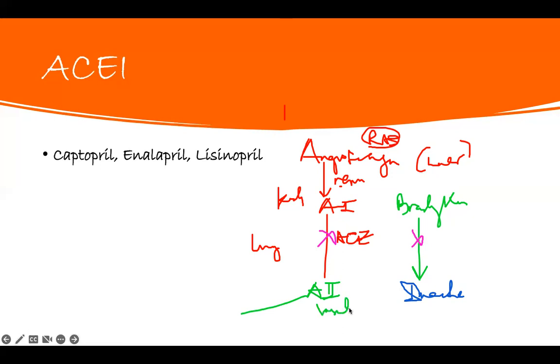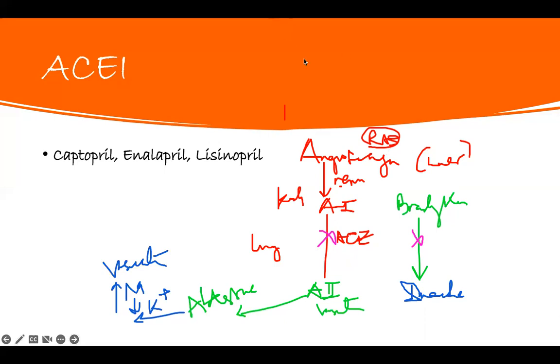It increases your blood pressure, and it goes and releases aldosterone. What will aldosterone do? Well, aldosterone increases your sodium and decreases your potassium. And it's also a vasoconstriction. So this will increase your blood pressure. So this is the renin-angiotensin system.